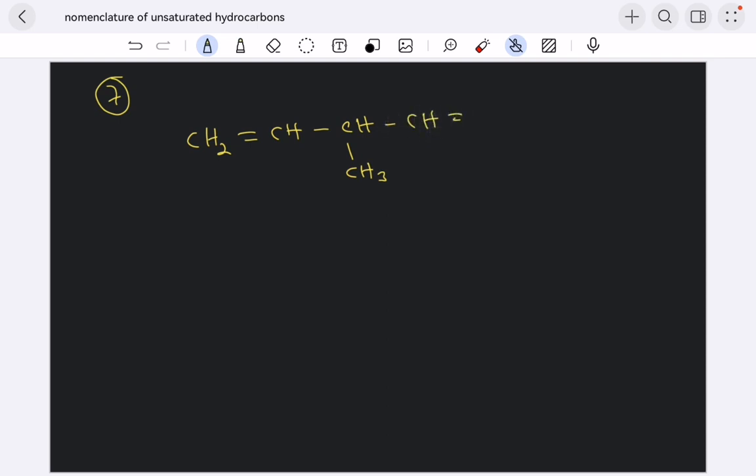CH double bond CH, CH2 CH3, CH double bond CH2. So you can try this and put the answer in the comment section.